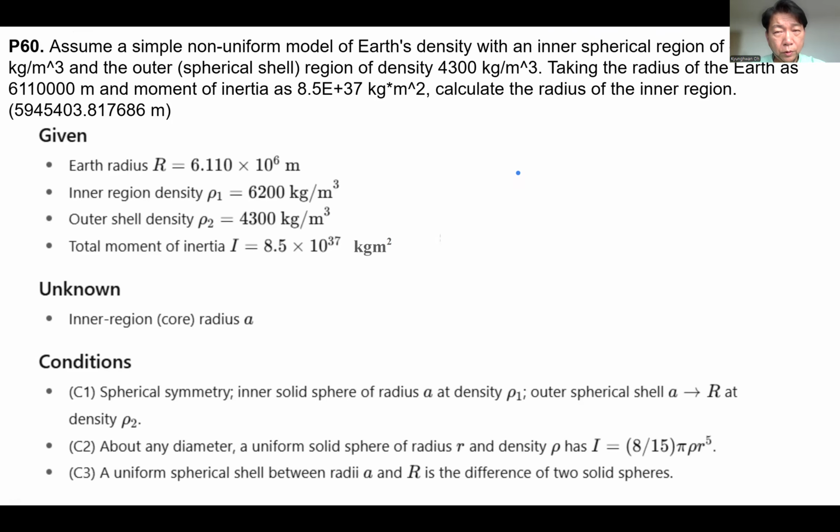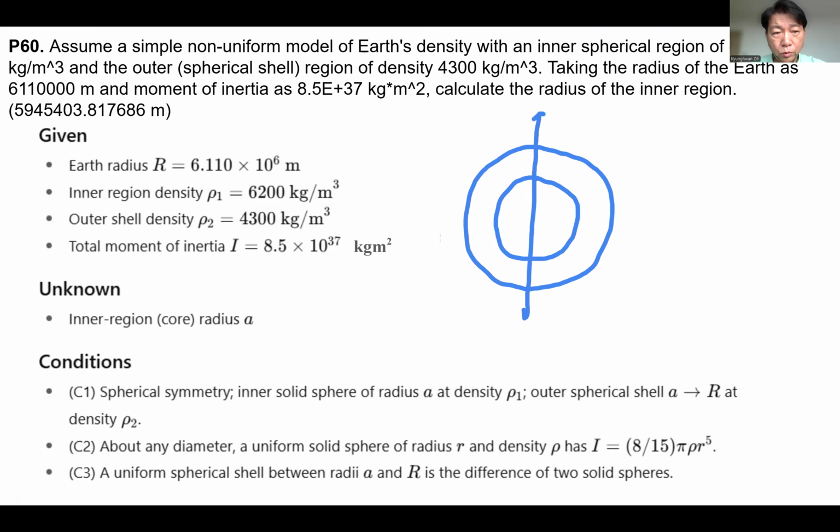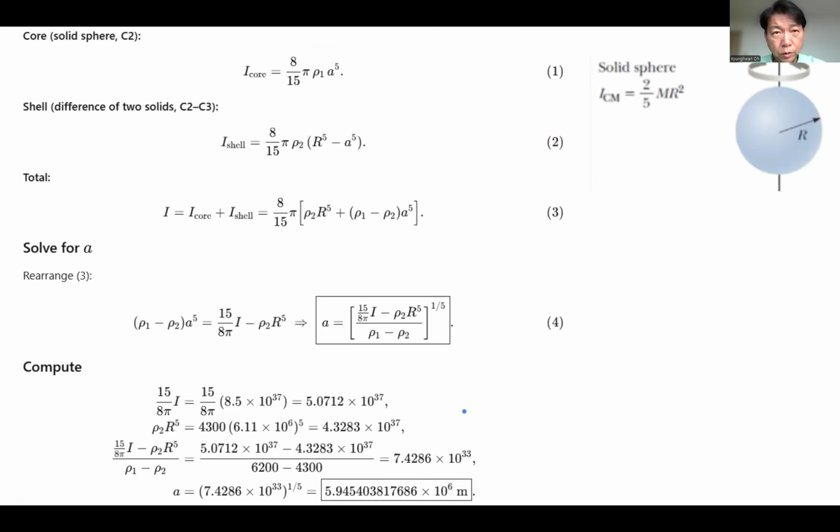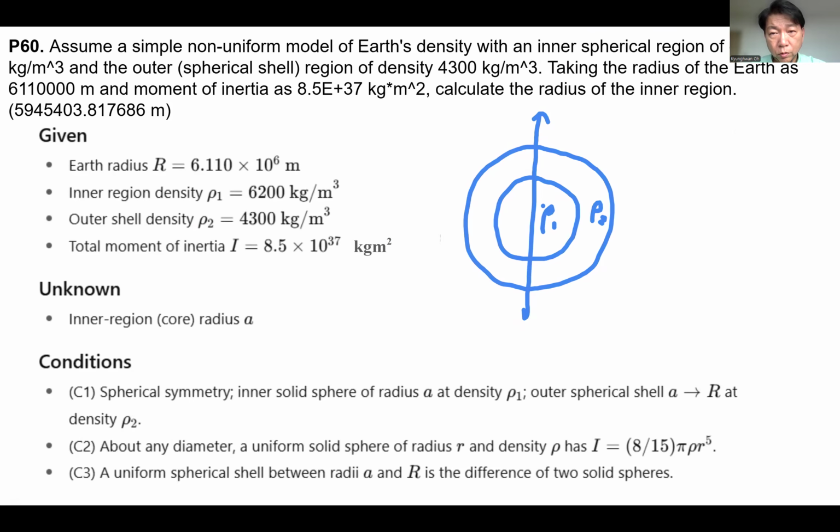And then we have also discussed this one, the moment of inertia about the axis, with rho 1 and rho 2. What we need to understand is that this is the core, this is the shell.